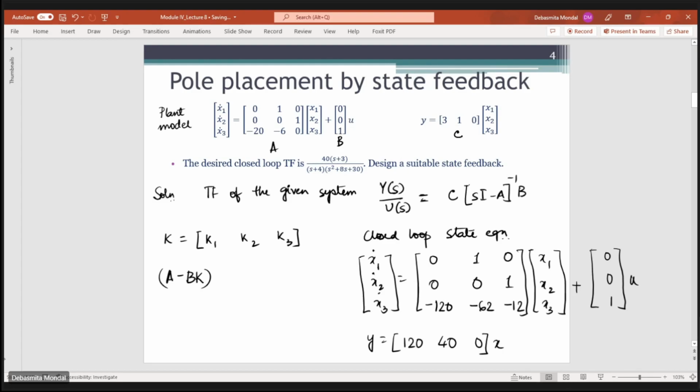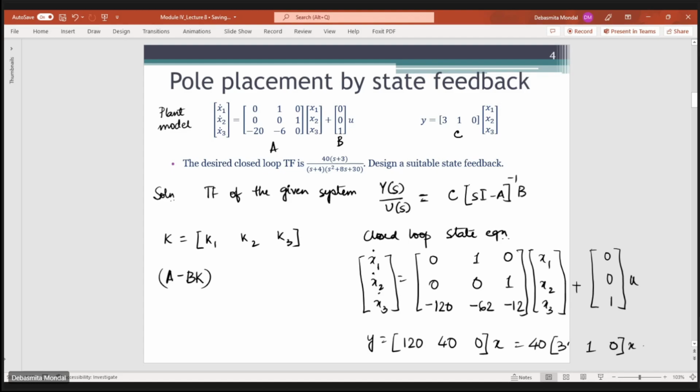Okay, so you can also take 40 out as common and you can say this is 3, this is 1 and 0 into x. So this is the desired state equation of the closed loop system. That means that this is the desired A minus BK matrix.